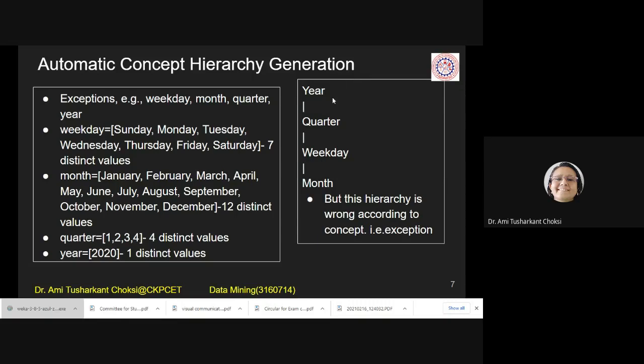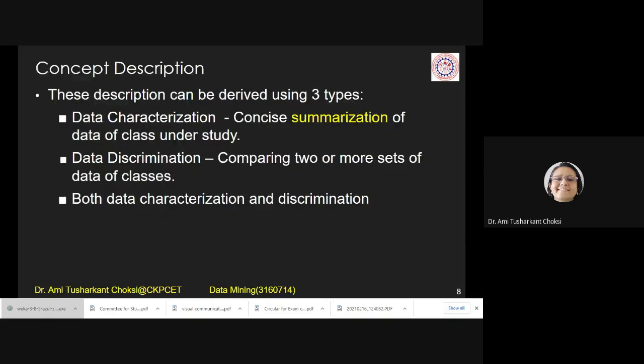But is it the right hierarchy? After weekday, month should be there. Lowest level is month. Is it right? Obviously not, right? So automatic concept hierarchy generation is not applied for concepts like weekday, month, quarter, and year. Fine? So that's all for today.